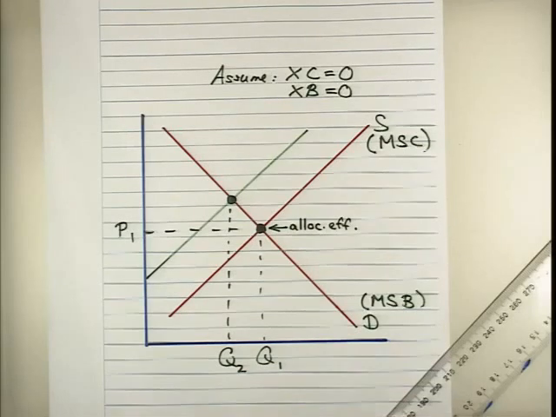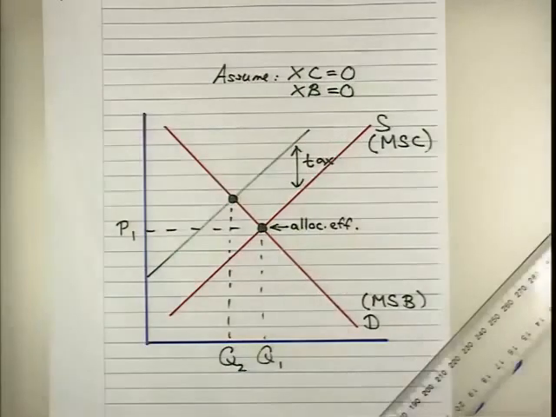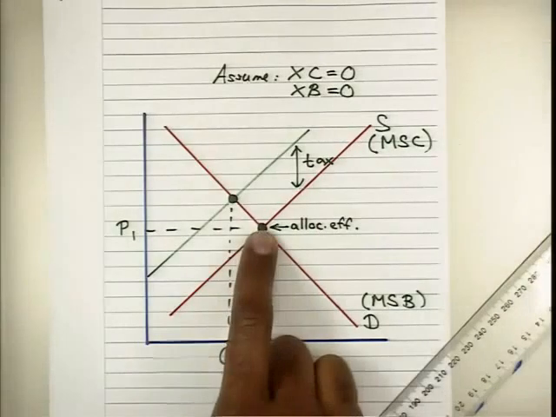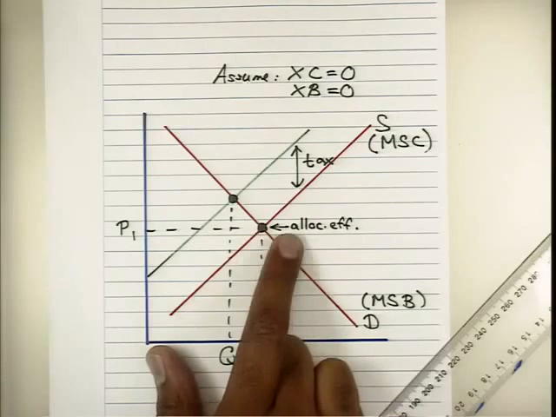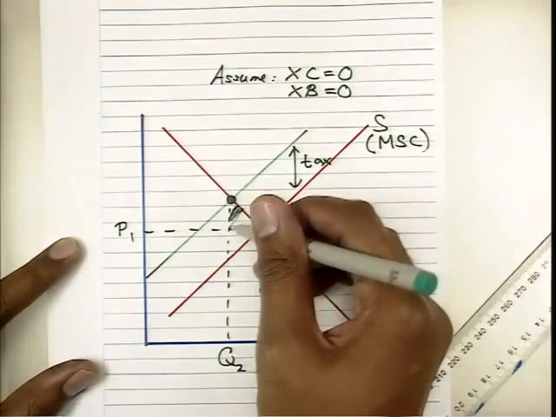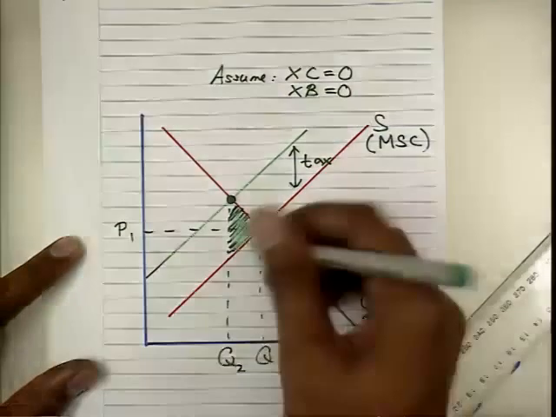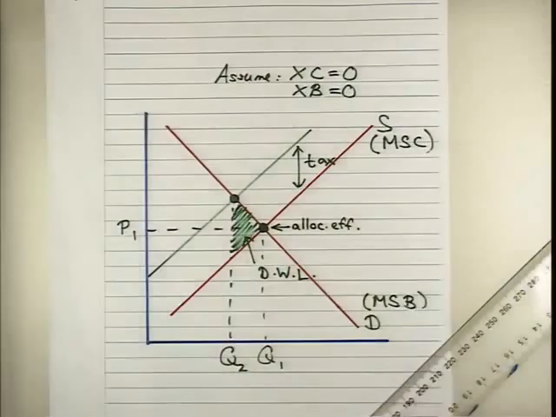So by imposing a per unit tax, the government is forcing the market to not be efficient anymore. The government is pushing the quantity downwards and thus creating a deadweight loss. The market used to be efficient as there were no externalities. So here government intervention is creating deadweight losses.